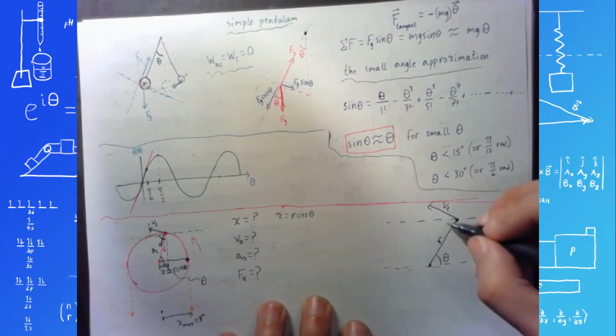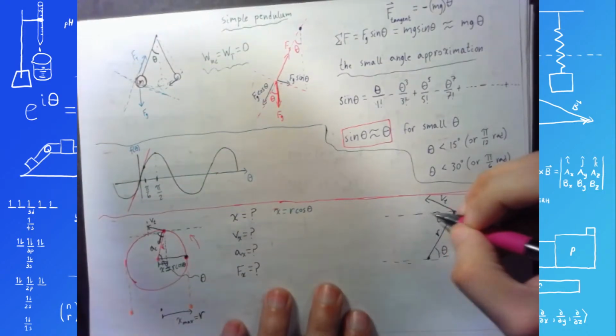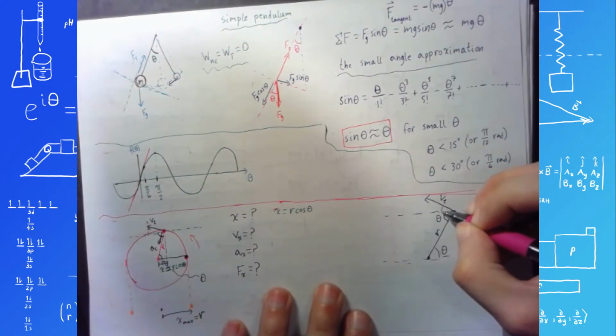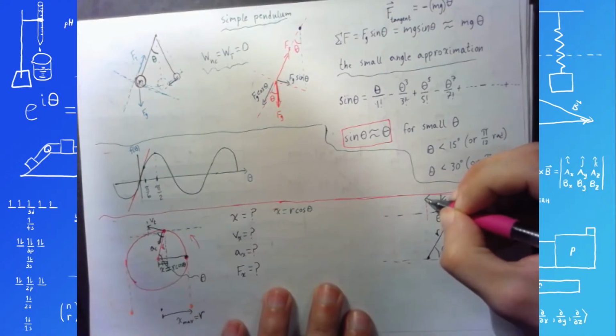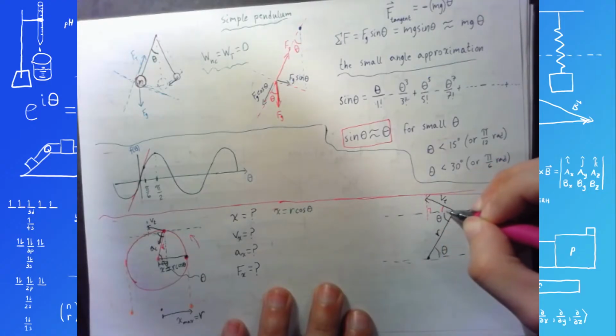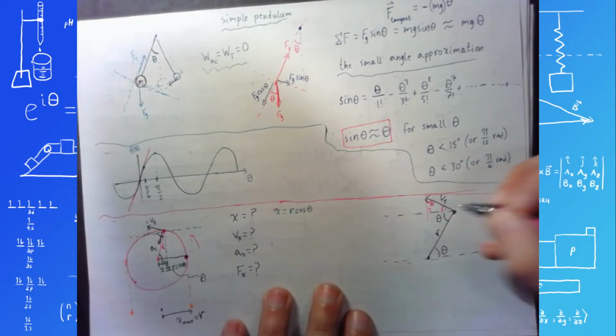And if this is theta, then this must also be theta, which means that this must be 90 minus theta. And over here we have a vertical, so that's 90 degrees. If this is 90 minus theta, then this is 90 minus theta, which means this is theta. There we go.